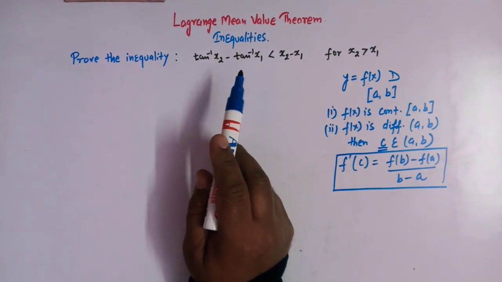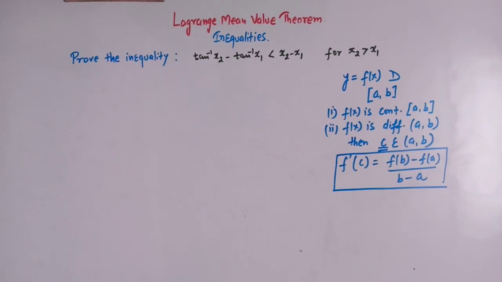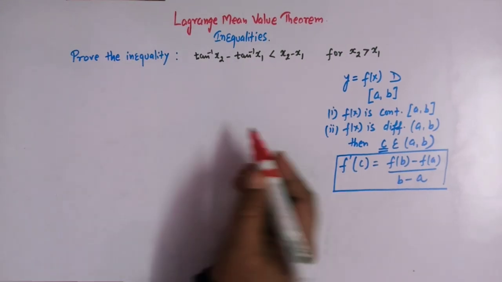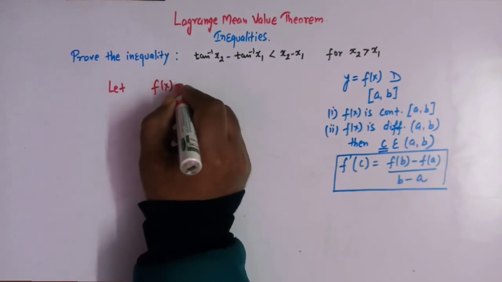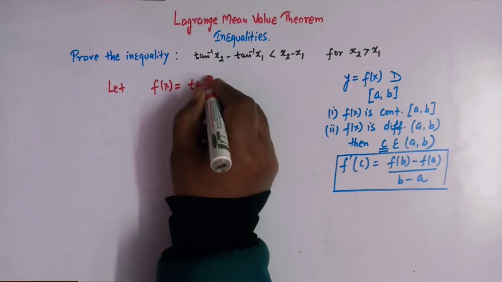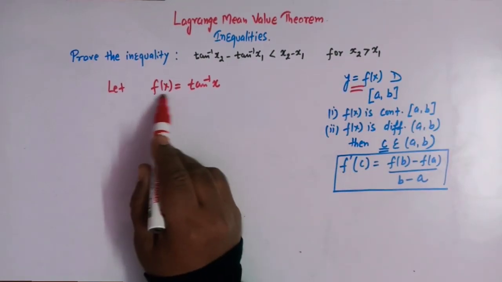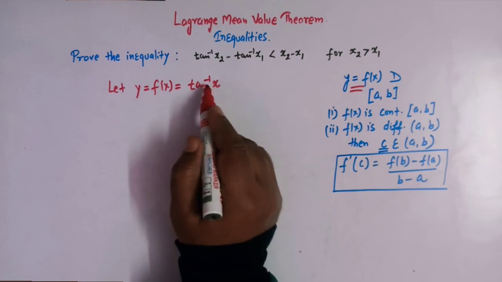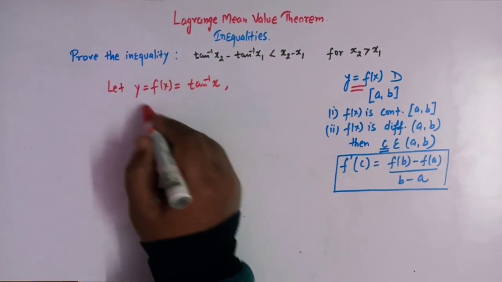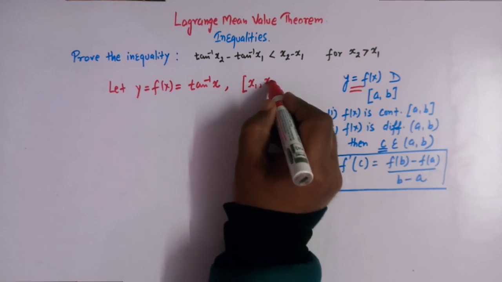For this, we will define an appropriate function. Let us define a function, say f of x equal to tan inverse of x. So we have y equal to f of x equal to tan inverse x, and this function is defined in this interval, that is x1 comma x2.